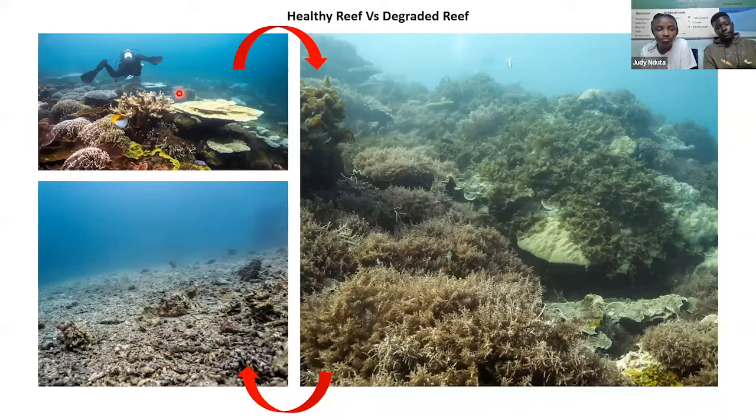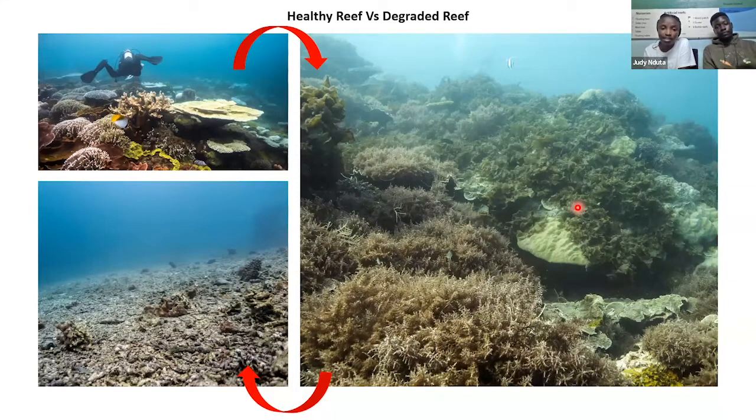So a healthy reef is a reef that is characterized by lots of hard corals, lots of soft corals, lots of crustaceans, beautiful fish, clear waters, and that's basically what a healthy reef looks like. And on the picture on this side, we can see a degraded reef.